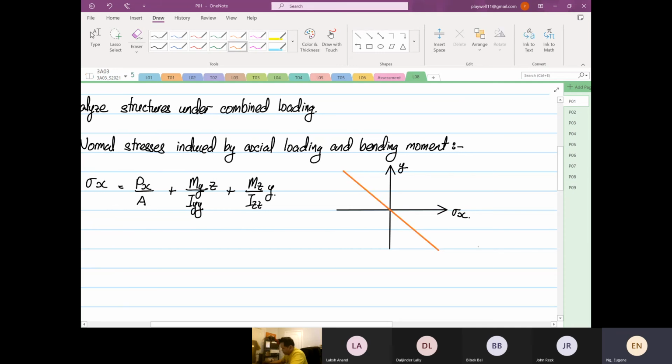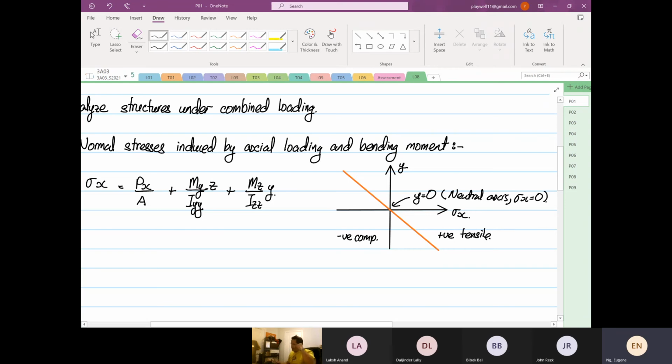On one side we have negative as compression, and on the other side positive is tensile. The point where y is equal to 0 is known as the neutral axis, where stress x is equal to 0. So that is the stress induced by normal stress.